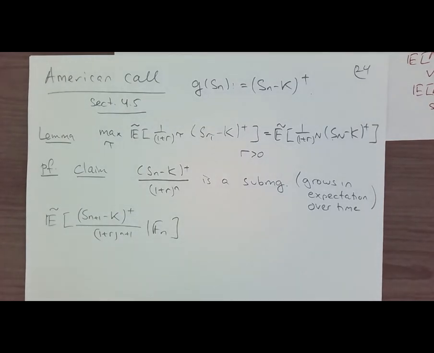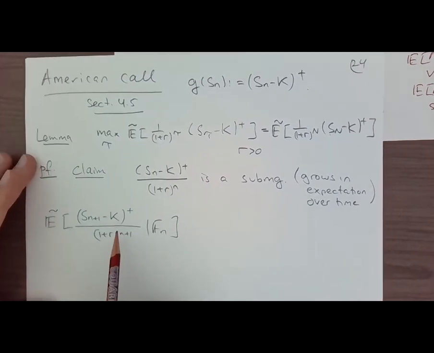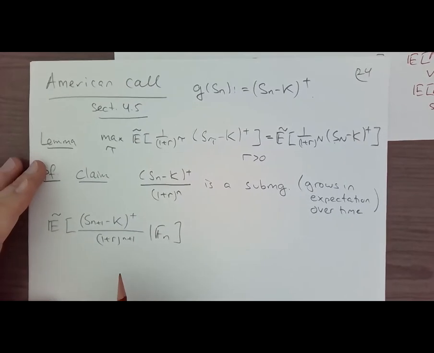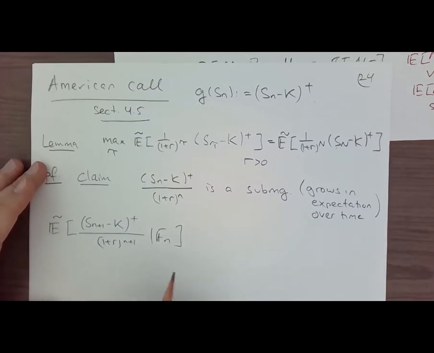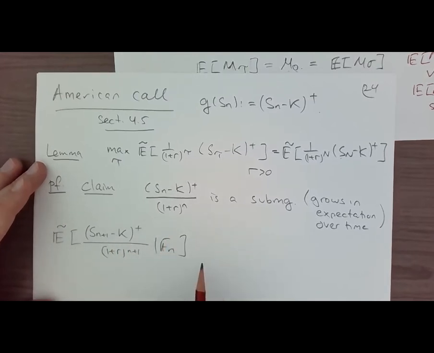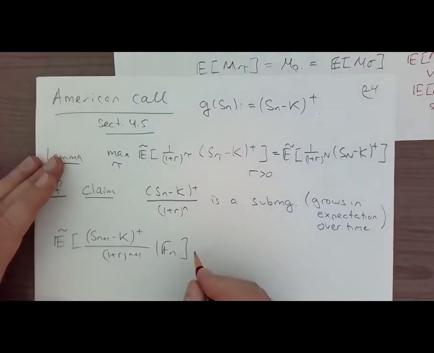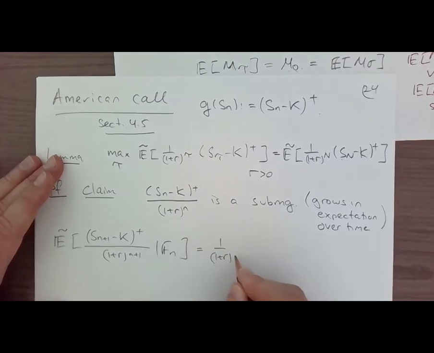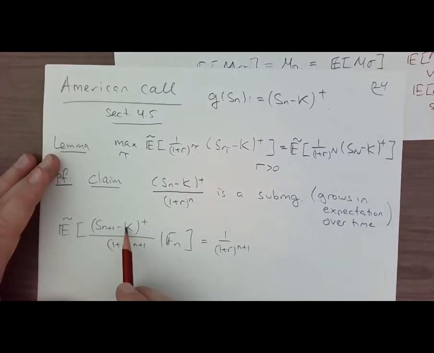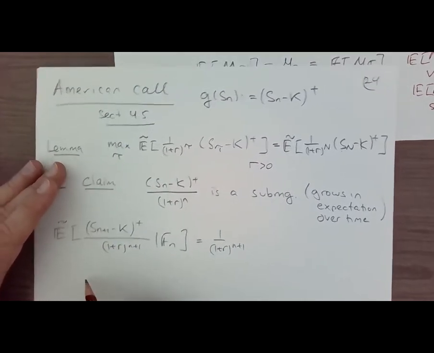So how would one go about doing that? Well, we could move the stuff here outside, or we could move it inside. Let's just put it outside: 1 over 1 plus r to the n+1. So I have a plus here. What I'm looking at is the call payoff.